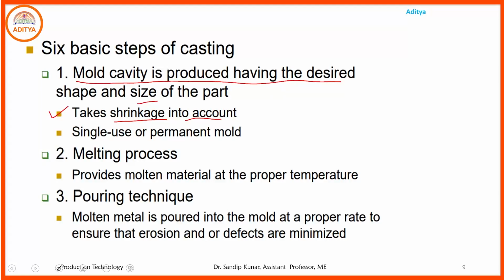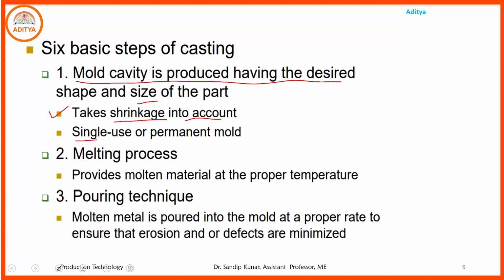Due to shrinkage, we would otherwise not get the proper dimension, so we prepare the cavity shape with extra dimension, and the product will then be prepared as per the required shape.